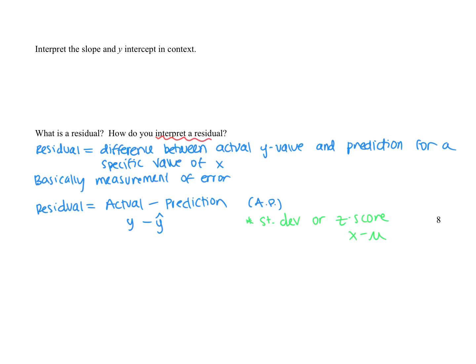How do you interpret a residual? A residual gives the size and the direction of the error. By direction, I mean, did we overestimate or underestimate?